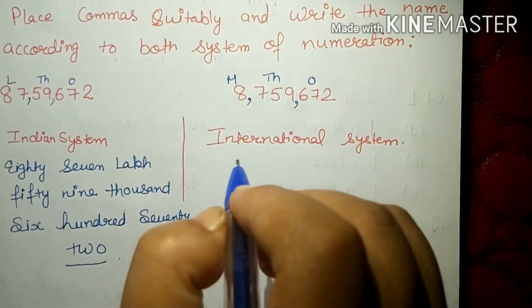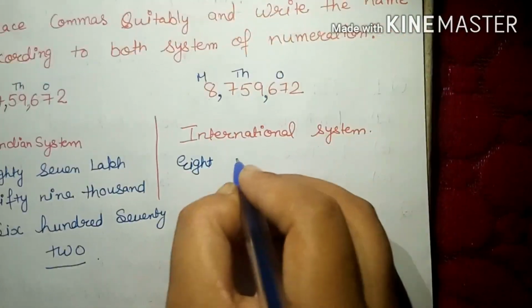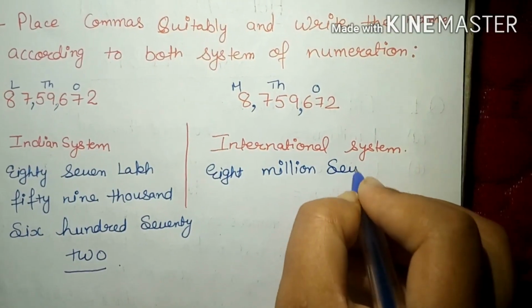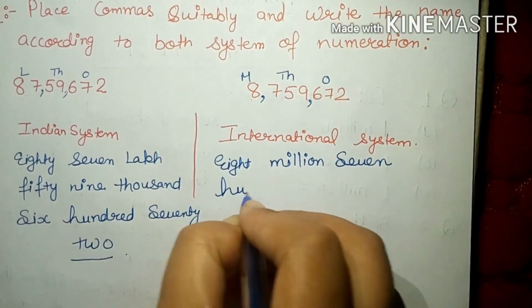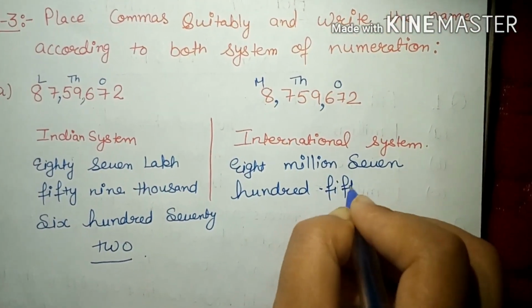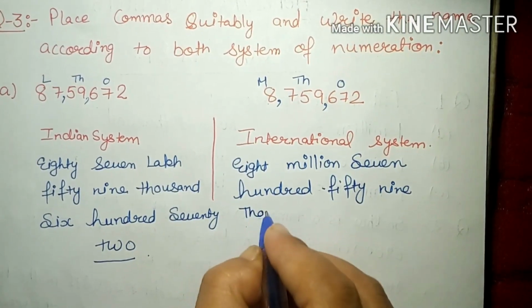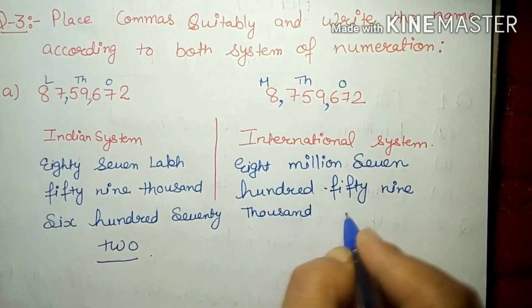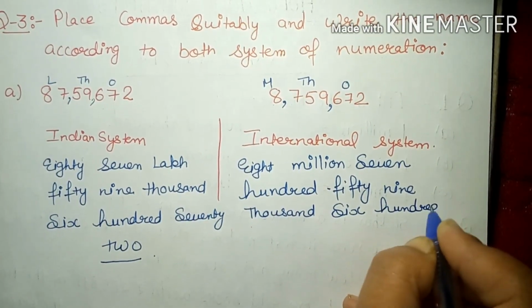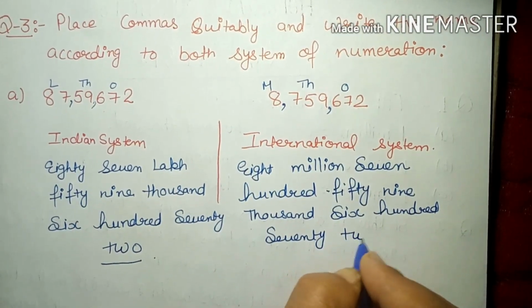So the name for this number would be 8,759,672.